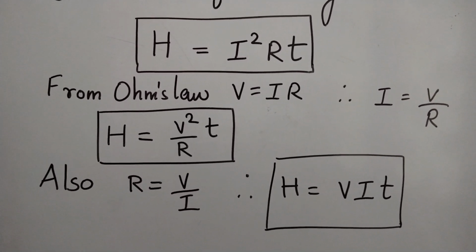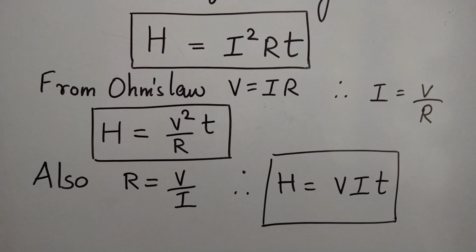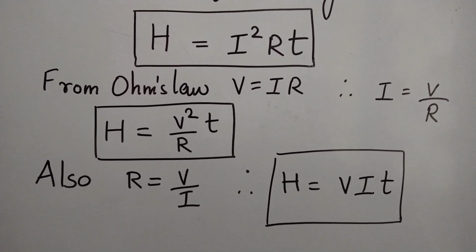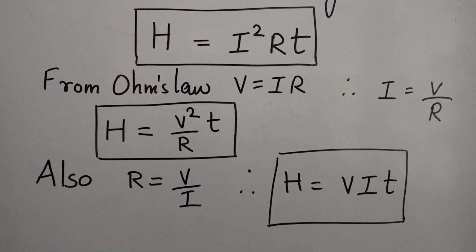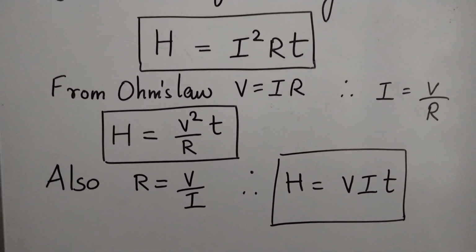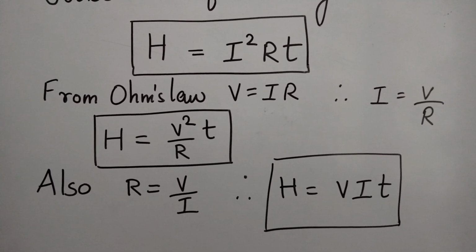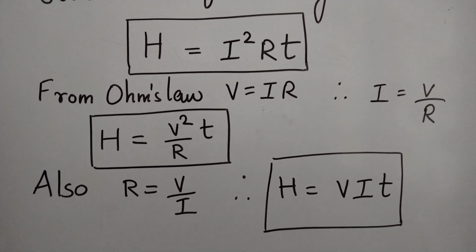So these are the three formulas to calculate heat energy, I square RT or V square by RT or VIT, depending upon the physical quantities which are provided in the numerical. We may use any of these formulas.